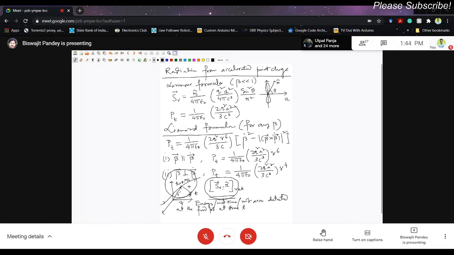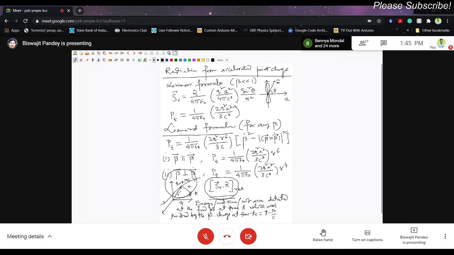Dot product, that makes it a scalar. So I'm talking about energy per unit time per unit area detected at the field point at time t, which was emitted by the point charge at time tr equal to t minus r by c.